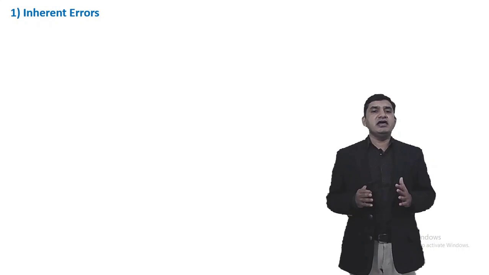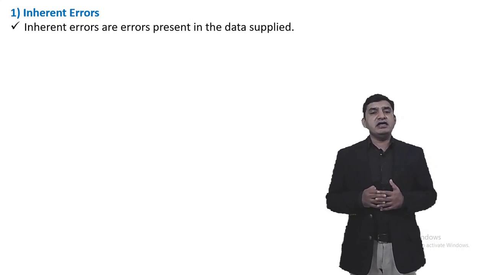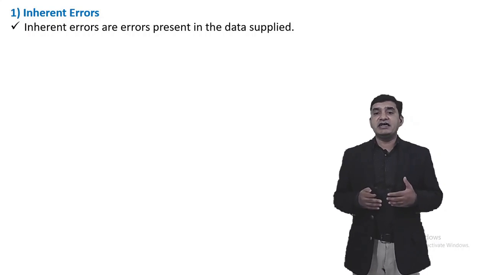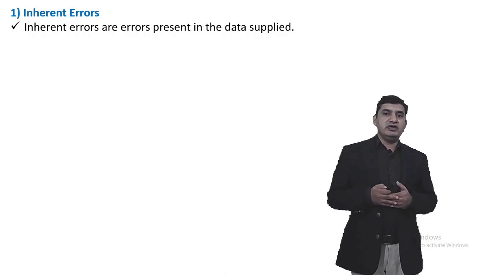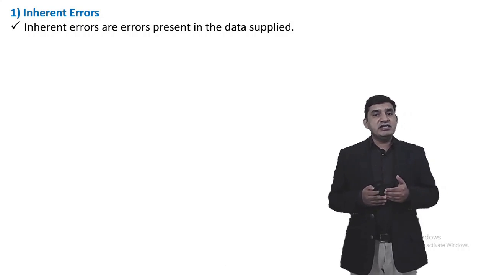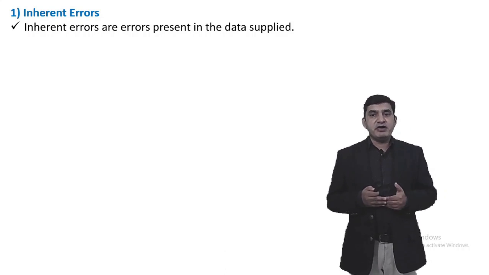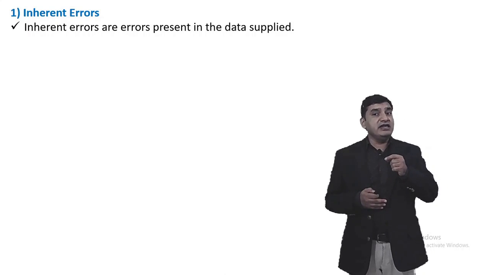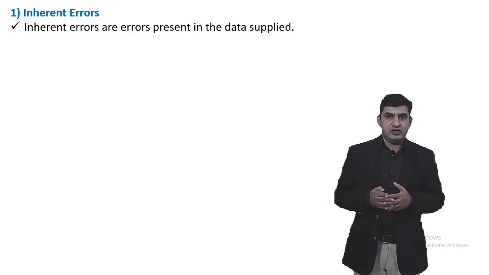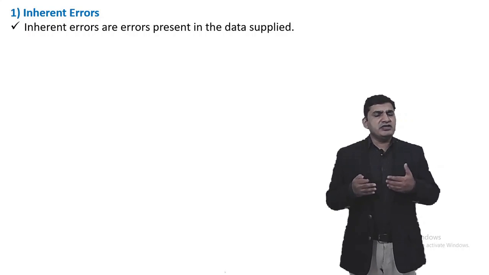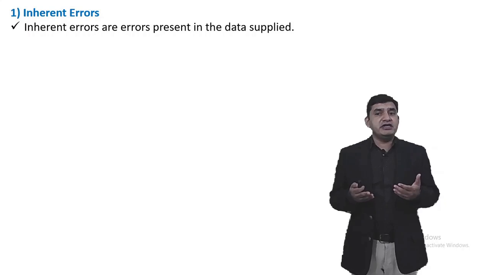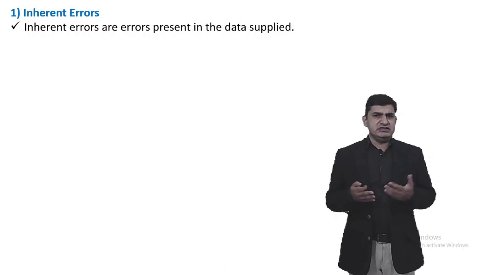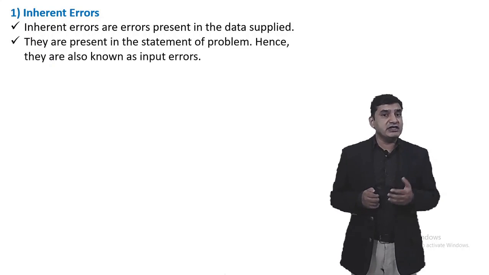First is inherent error. Inherent errors are errors present in the data supplied. We know that the data is supplied to the computer, and therefore there is an inherent error. There may also be errors in the statement of the problem. This error is also known as input error.